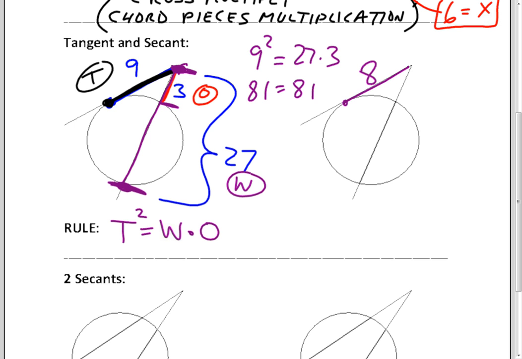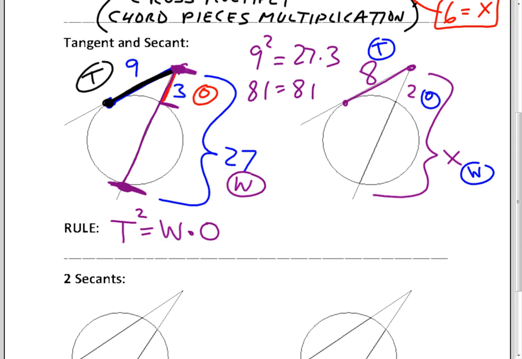For our example, put an 8 out here. Put a 2 here. This time we're going to be looking for which portion? The whole. X is designated as what we call the whole portion. If it helps, label. This is your tangent portion, this is your outer portion, this is your whole portion. What's the rule? The rule is the 2 rule. Not only does it spell out the word 2, but it has a 2 in it.